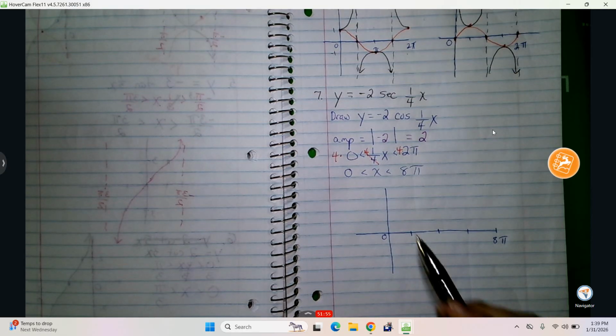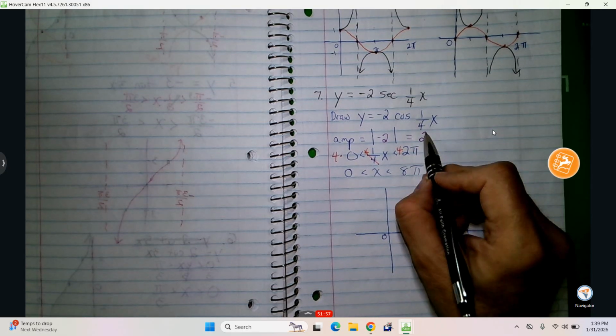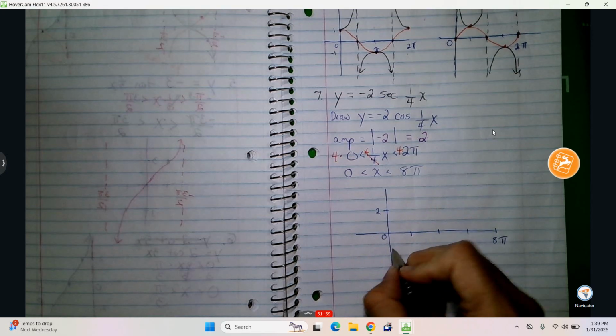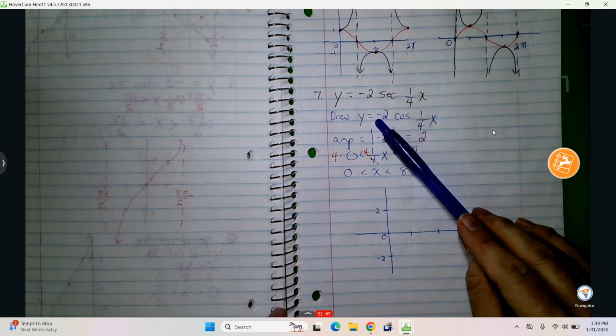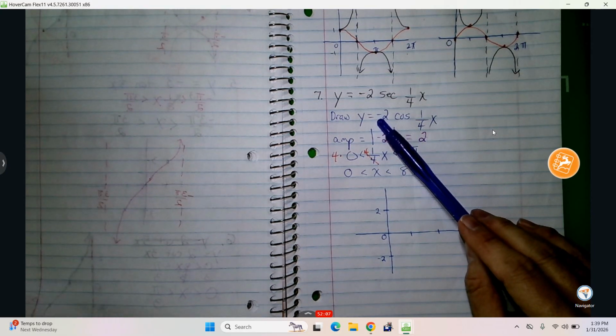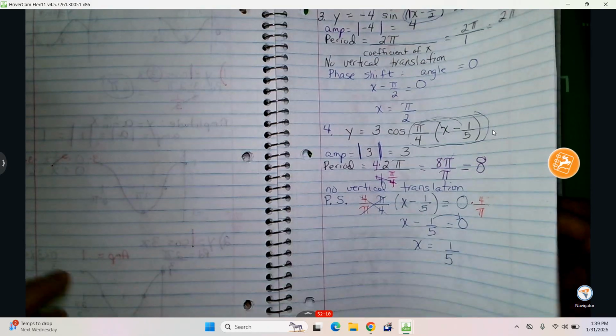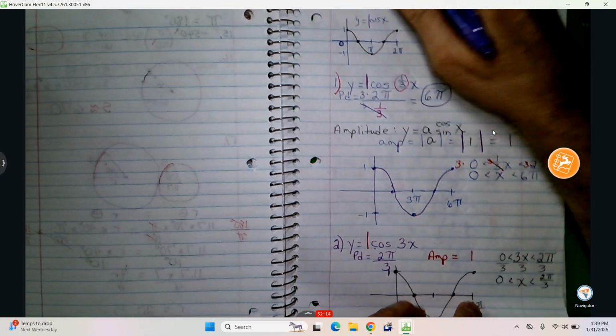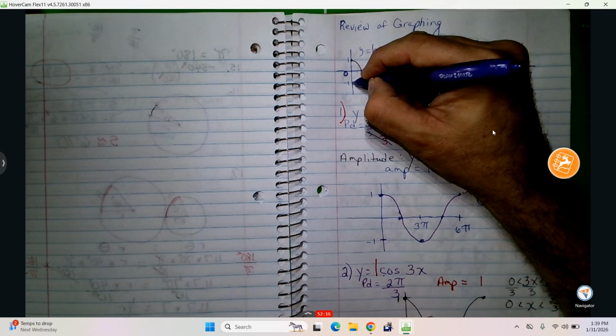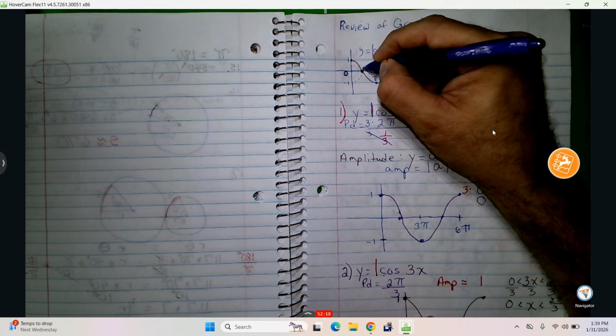Instead of it bouncing between 1 and -1, it's going to be between 2 and -2. But it was multiplied by negative, which means we're going to have to multiply by negative. It looks like this.